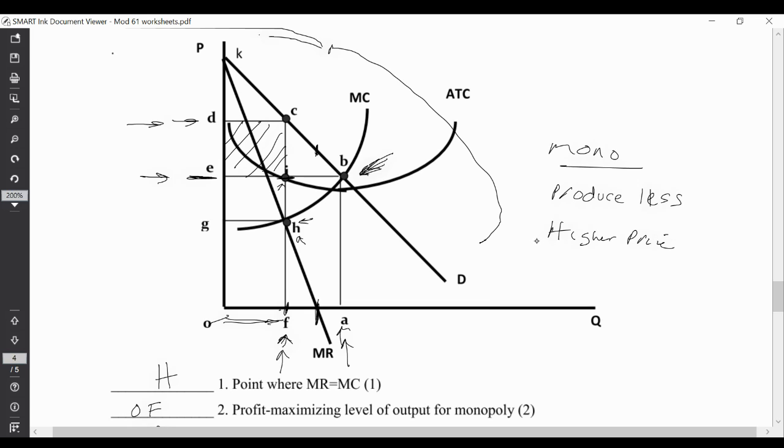So that's why they're producing less at a higher price.